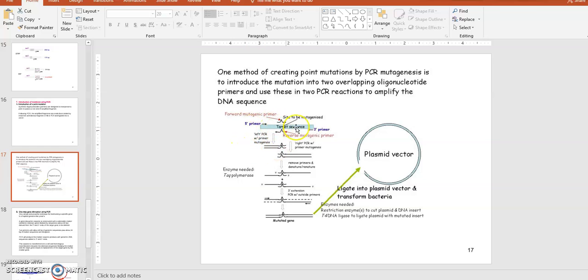So you will make the products, okay, and those products will be denatured, and then renatured again. Then you can form this hybrid, and once you form the hybrid, you can fill those hybrids up by using DNA polymerase. So you can make the DNA double-strand sequences with one nucleotide mismatch. That's the mutated nucleotide site. If you clone that in, now you have the gene sequence with one nucleotide mismatch. That's the site-directed mutation. You just use PCR for that.